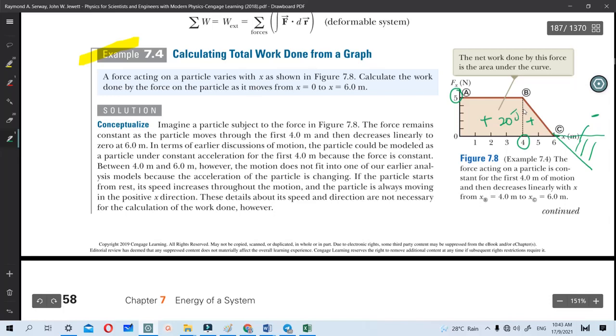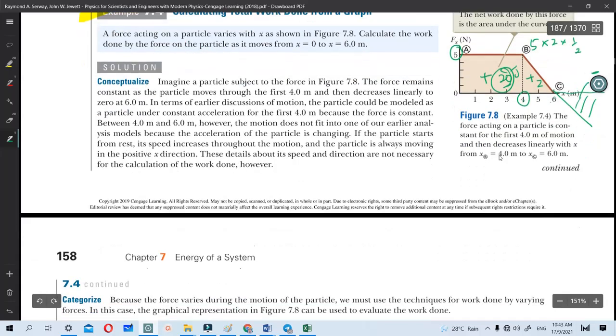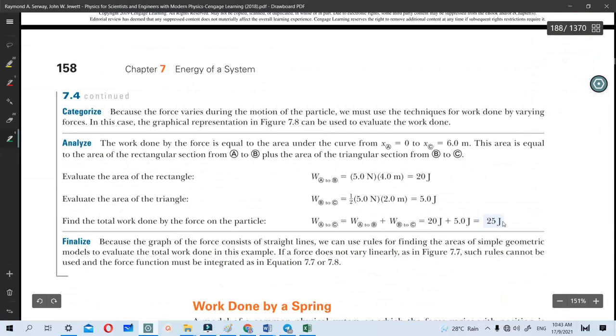And here is 5 times 2, since 6 minus 4 is 2. So 5 times 2 times 1 over 2 is just 5. So altogether it should be 20 plus 5. And yes, the answer is a positive 25 joule.